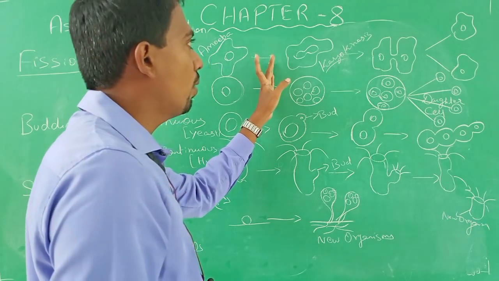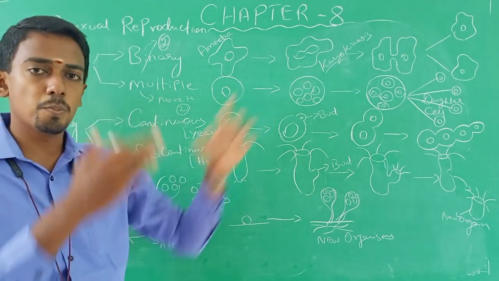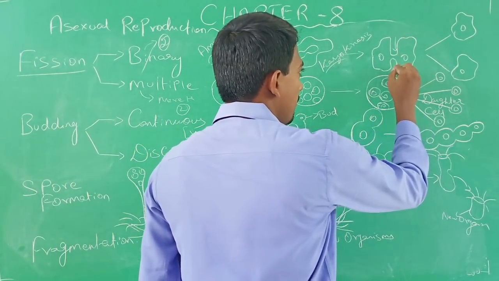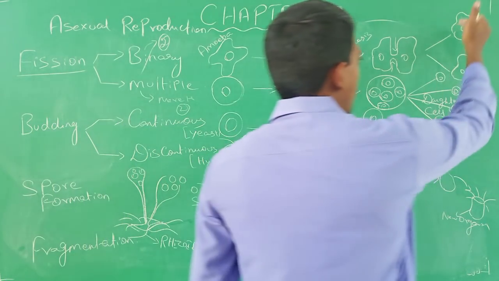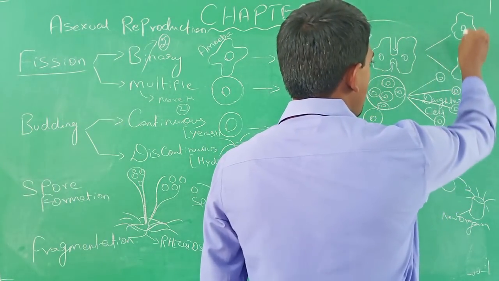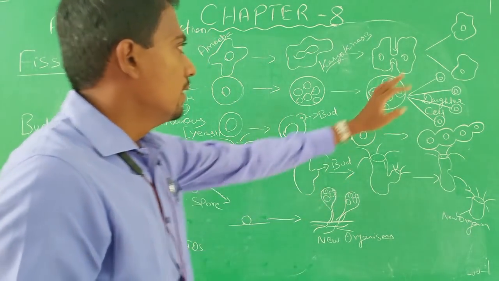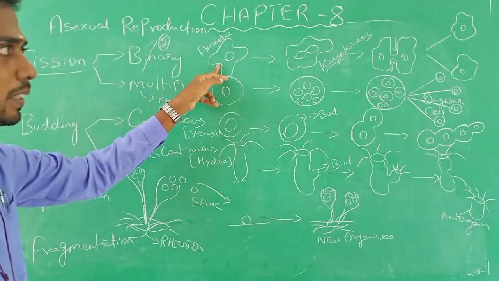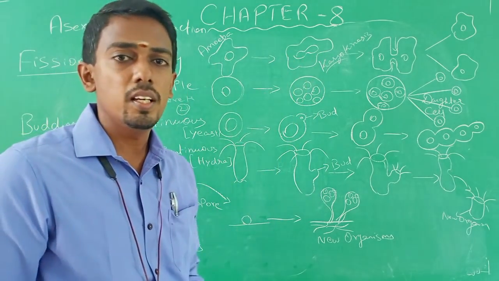So the first step involved in binary fission in amoeba is the splitting of the nucleus, followed by the cytoplasm splitting in a congruent manner. Now the product formed as a result of this is two daughter amoeba cells. These two daughter cells are the product of the mother cell, but you can't tell which one is the mother and which one is the daughter.